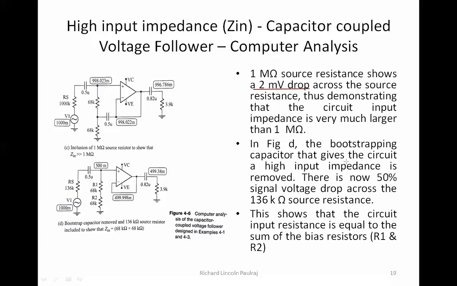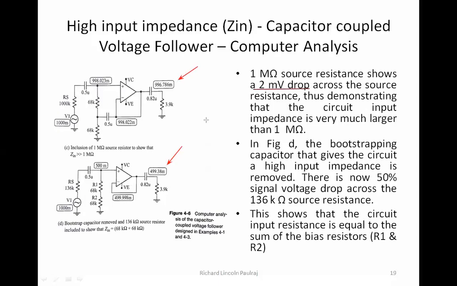So the bootstrap capacitor that gives the circuit a high input impedance is removed, and you can see what is happening to the value of output. Don't you think there's a drastic change? Yes or no? See this value of output and the previous one.